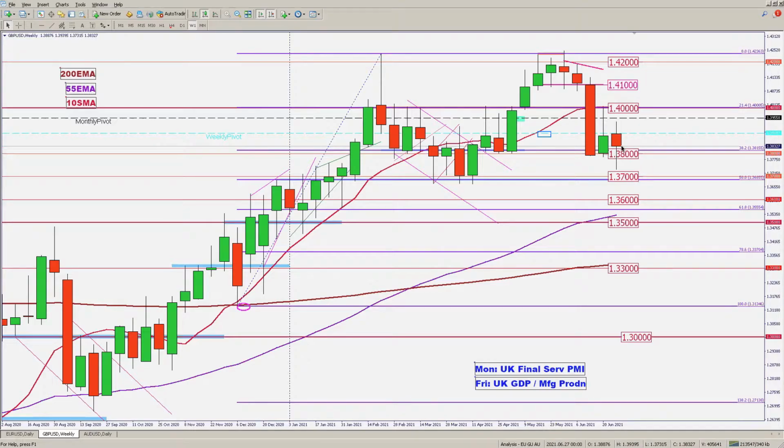But next week it's likely to just drift up higher for a bit, but unlikely it will drift up to the monthly pivot again. So it's still looking bearish overall.